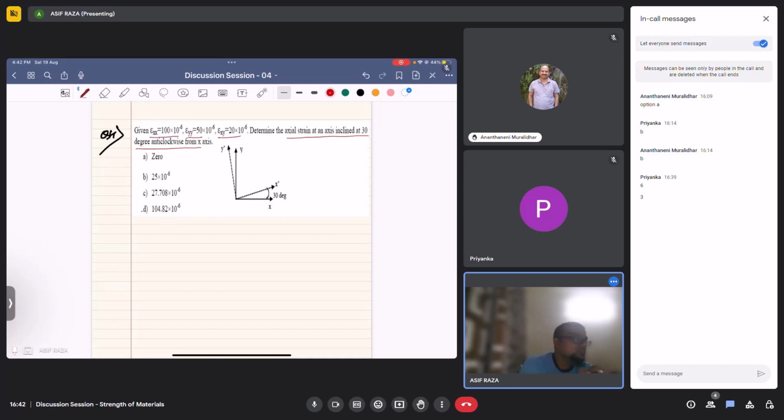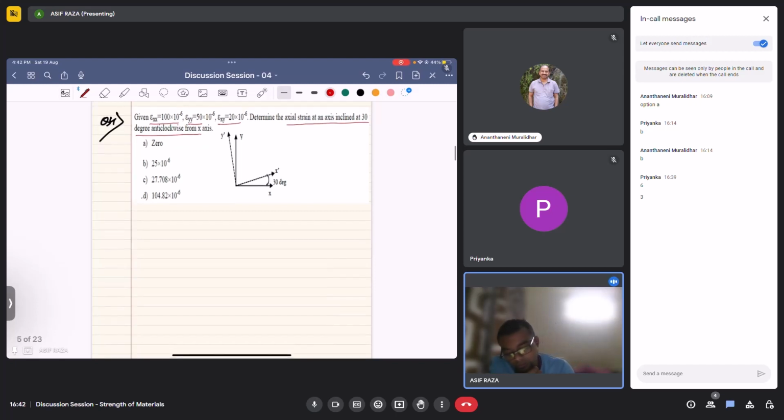This is similar, just a transformation from stress to strain. Let us solve this. The original axis is xy and we want to find strains at the x dash y dash plane.